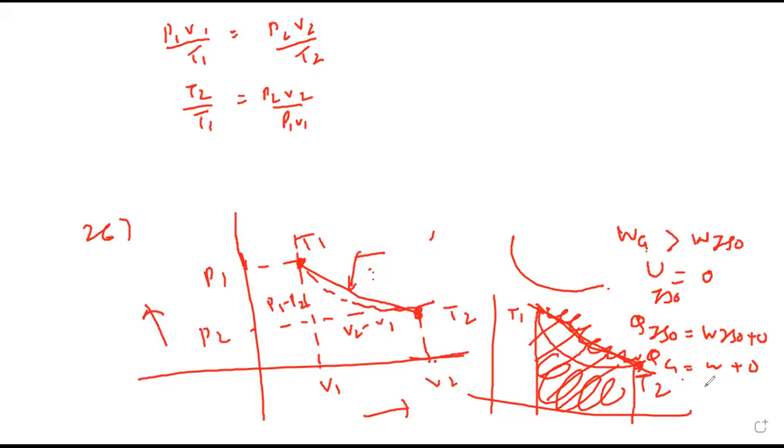Agreed? In the isotherm, U is 0. So if I consider the heat supplied in both cases, heat in the isotherm will be less than that in general, because the general case has both work and internal energy.